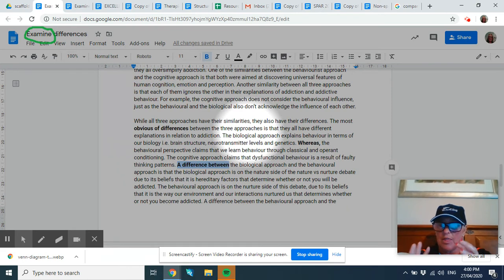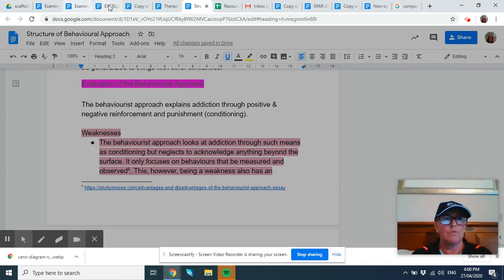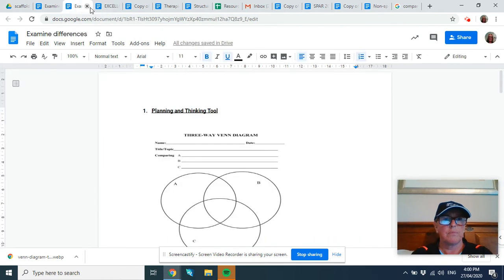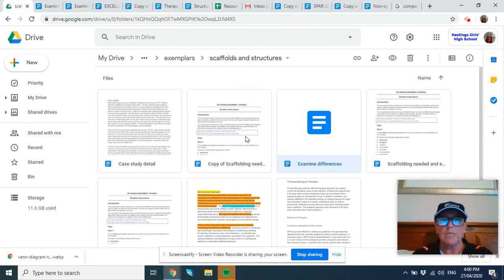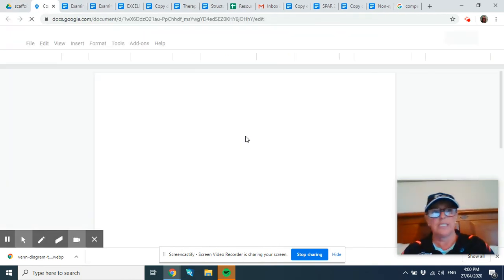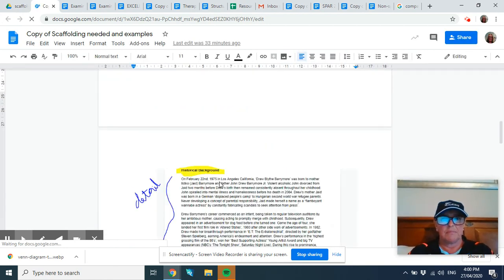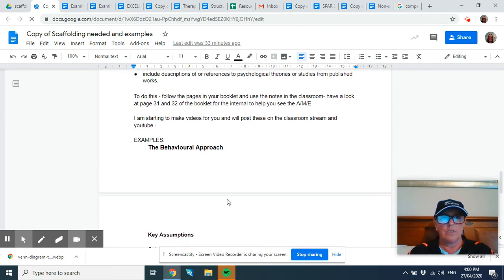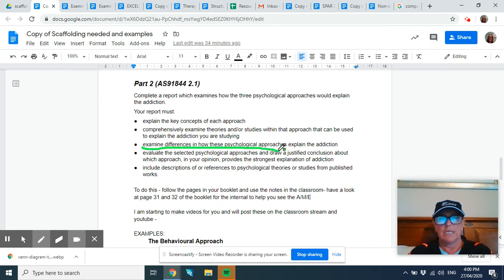So that's how to do that particular section, which, if you look at the scaffolding, which I'm just going to find for you, in our folder, here you go, at the scaffolding needed, this connects with this bit here. Examine differences in how psychological approaches explain the addiction.